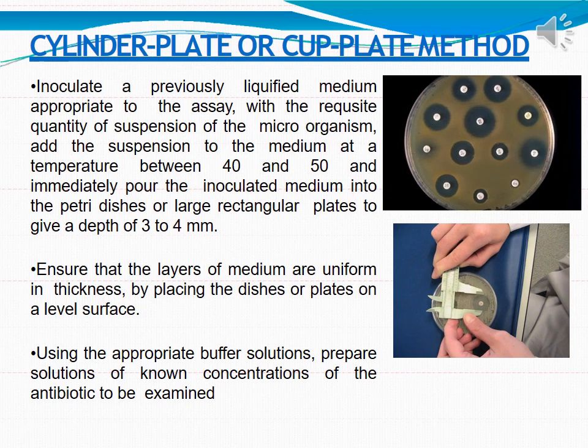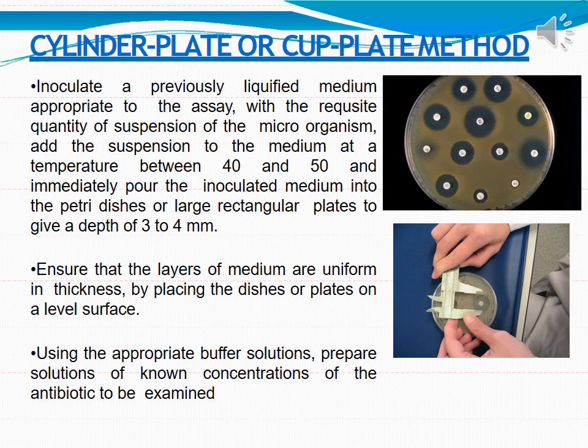Let me again tell you what a pour plate technique is. In this, microorganisms are uniformly distributed throughout the media and then it is poured onto the plate. So the microorganisms are on the surface as well as submerged. Now our petri dish, which contains microorganisms on the surface as well as submerged, is ready.